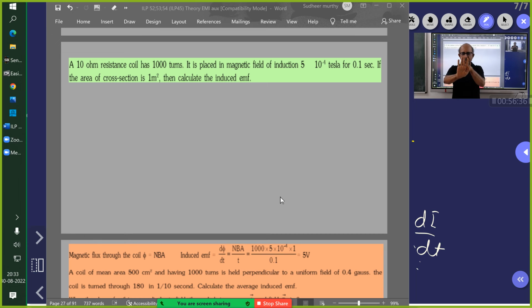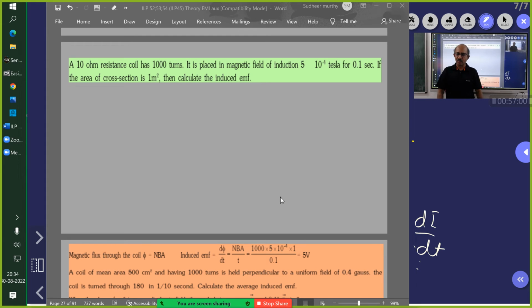The flux is entering from behind and coming out of this face. Now if I turn the coil here, from this face the flux is entering. That means relative to this, the flux has changed. That means the change is double. Correct?